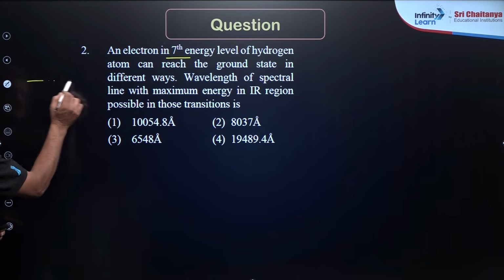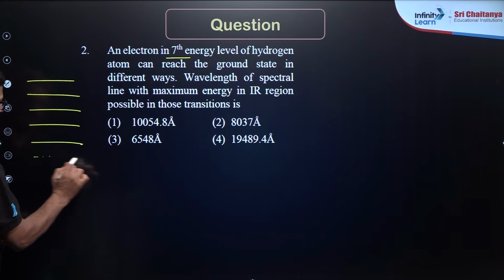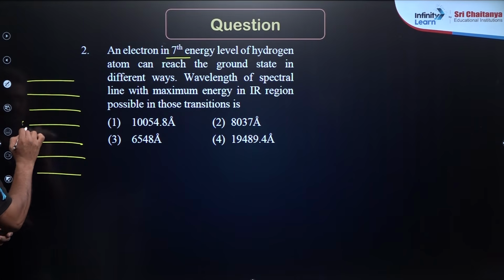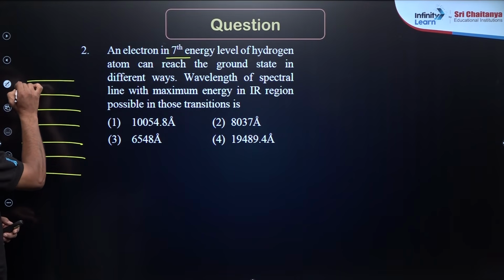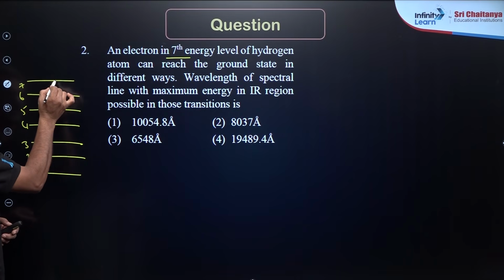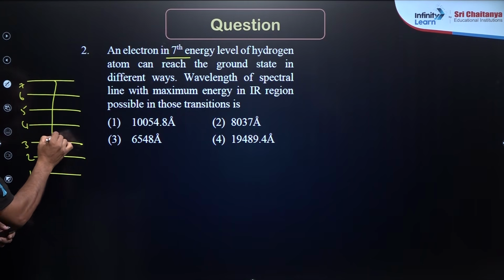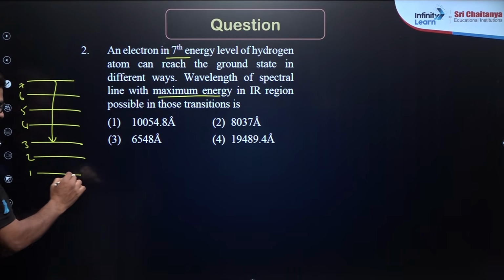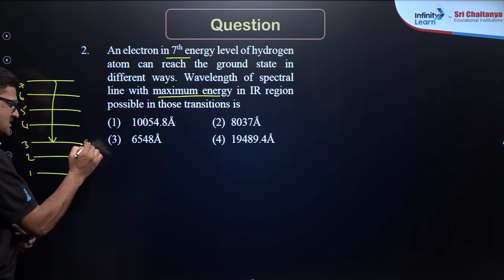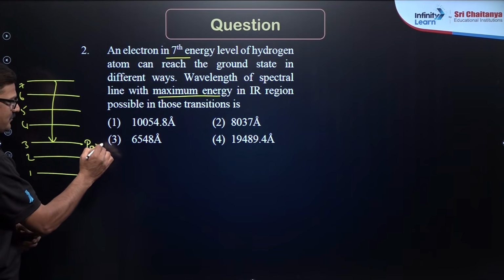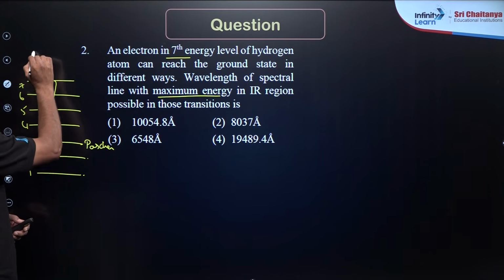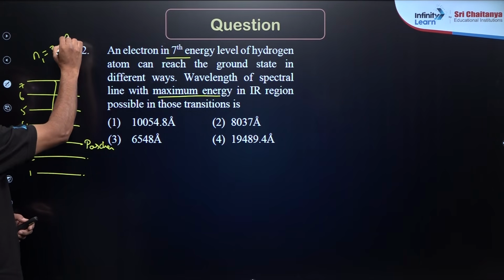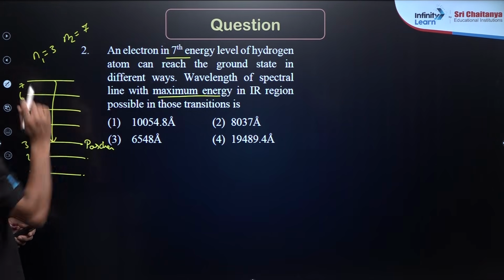So when the electron is coming from 1, 2, 3, 4, 5, 6, 7, the 7th energy level to 2, it is coming to infrared region with maximum energy, means it is a Lyman series, Balmer series, Paschen series. So we can say n1 is equal to 3, n2 is equal to 7.